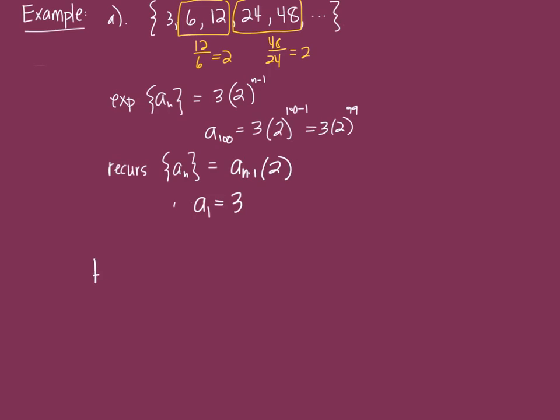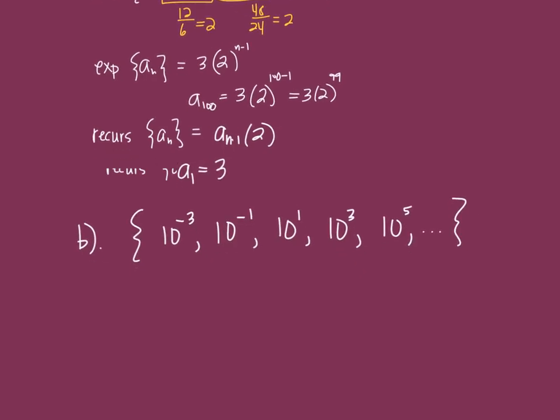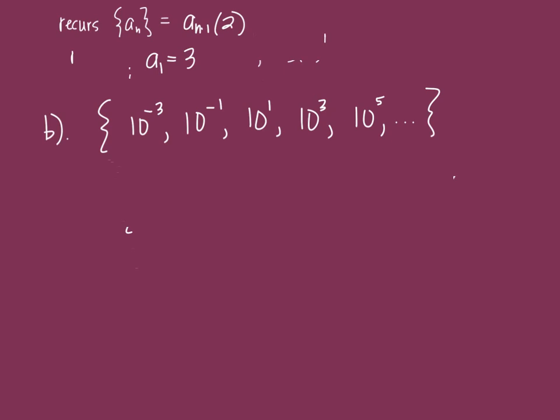Okay, part B. Here's another sequence. 10 to the negative third, 10 to the negative first, 10 to the positive first, 10 to the third, 10 to the fifth, dot, dot, dot. All right, is this a geometric sequence?